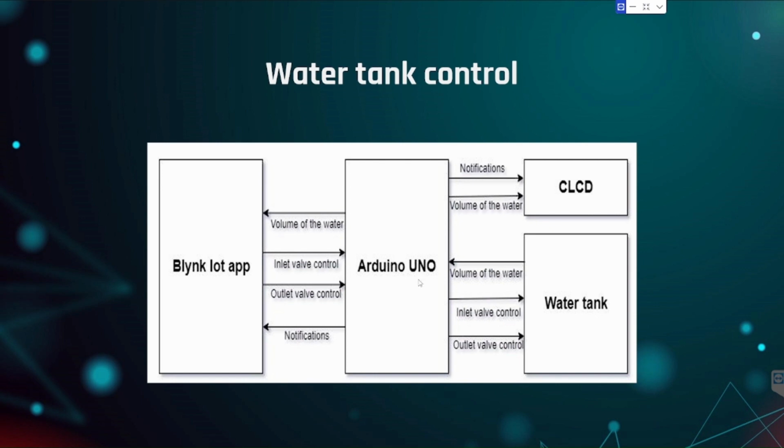This Arduino Uno board sends the values to the water tank controller. The water tank sends the value of the volume of the water back to the Arduino Uno. This Arduino Uno sends the volume of the water and the notification to the Blynk IoT app and CLCD. This is the overall view of the water tank control.